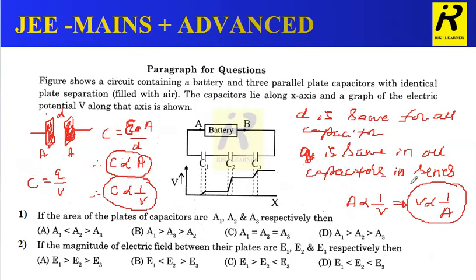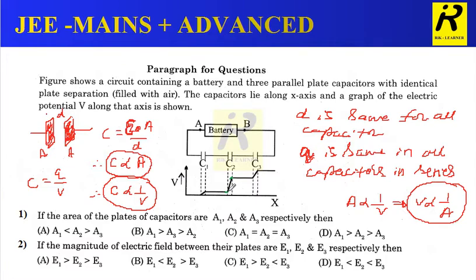Now the most important clue should be revealed. In this graph, first I observe C2 because it is very clear for me to tell. See, its right plate is at this potential and the left plate is at this potential. Be careful, this V is a potential, not the potential difference.